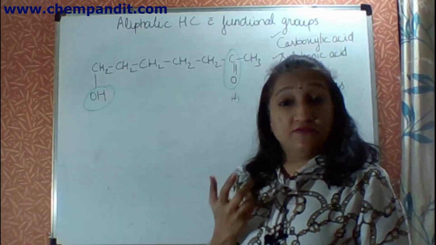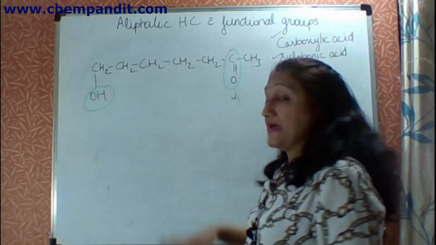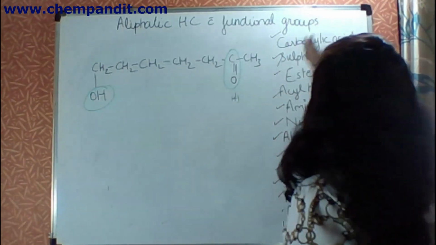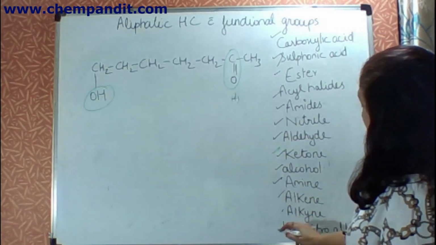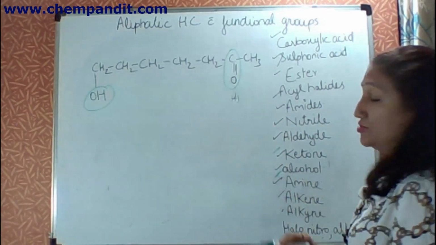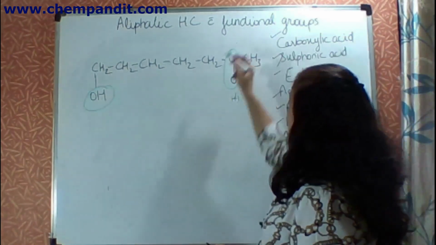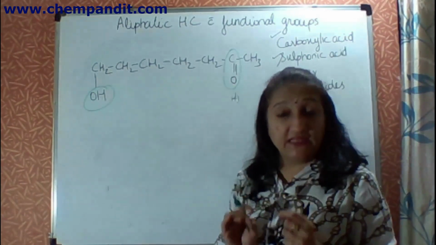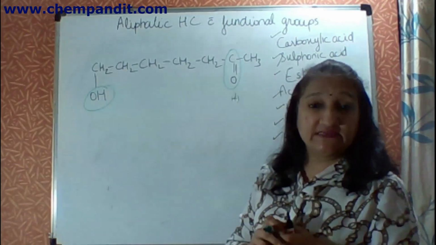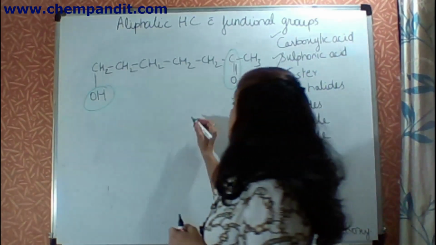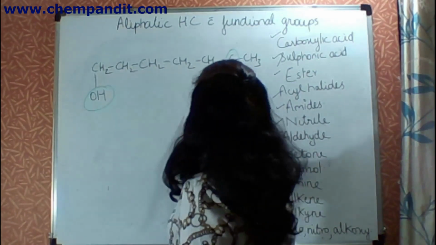Now, which group will we take as the primary functional group? In this table, you can see ketone comes above hydroxyl alcohol group. Therefore, ketonic group will be taken as the primary functional group. Clear? So, this will decide the secondary suffix which is -one.